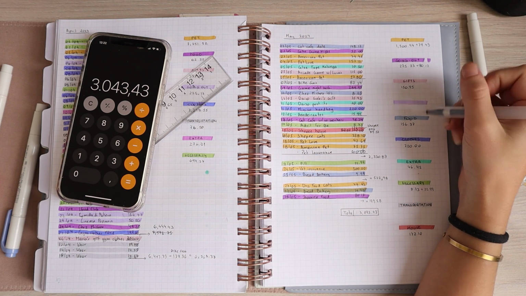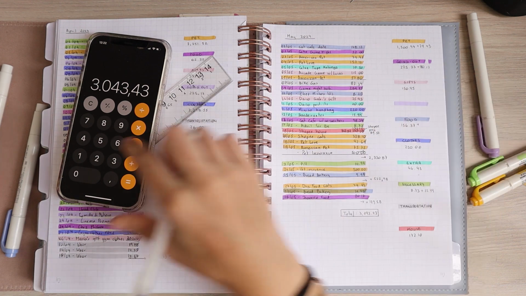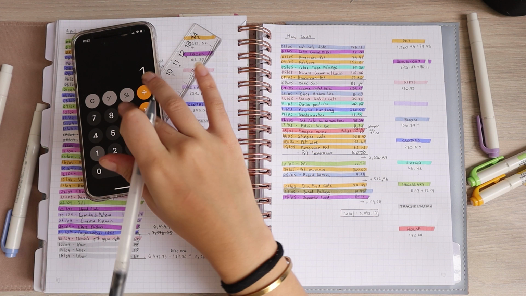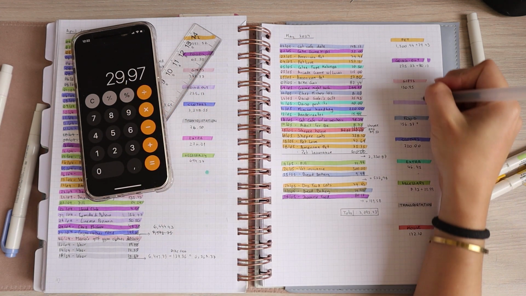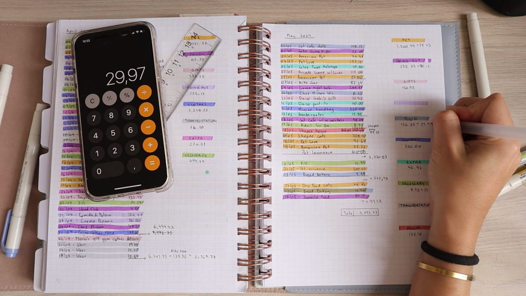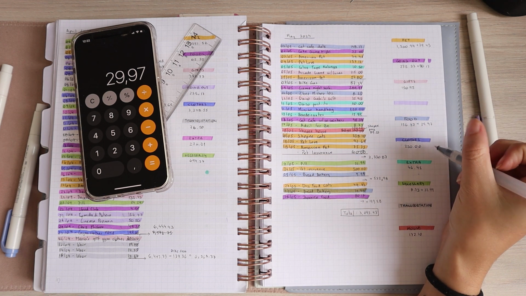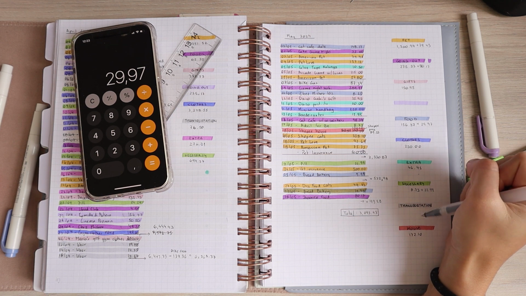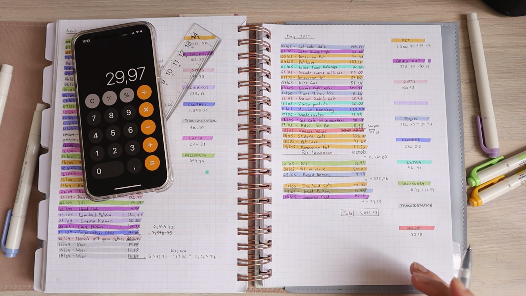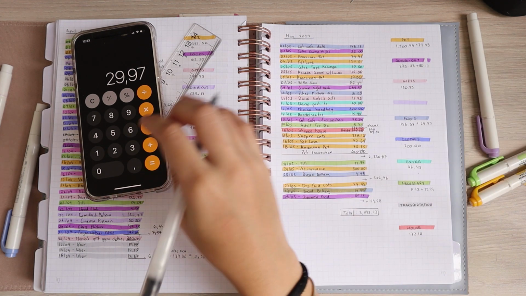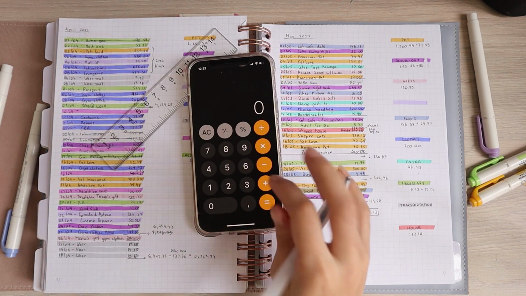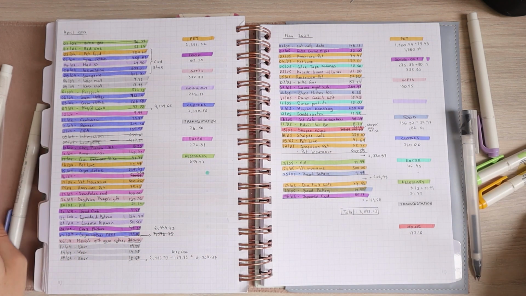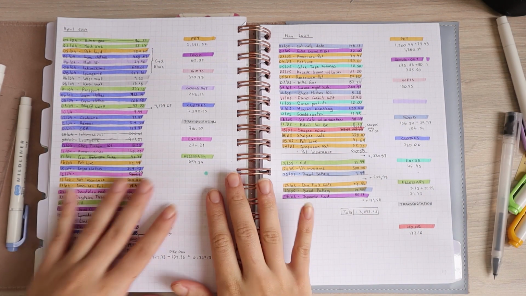Gifts, no. Food, I did spend let's see, $9.99 plus $19.98. So I did spend $29.97 extra here. Clothes, I didn't spend anything. Extra, I didn't spend anything. And transportation, nothing as well. Okay, so I did do that. Now let me just add up everything. There we go. So this was the spending for the month. And we are done with the weekly review.